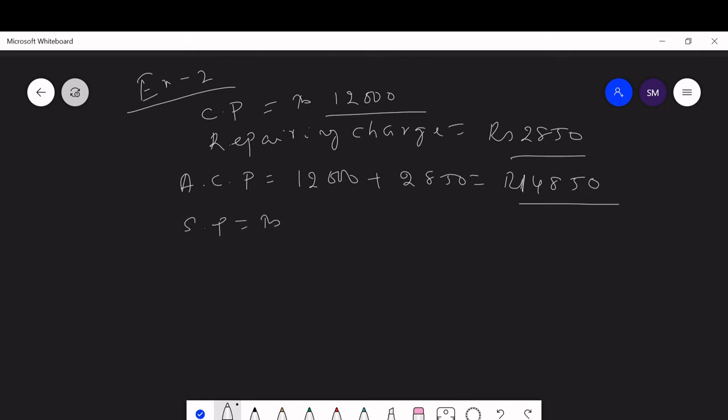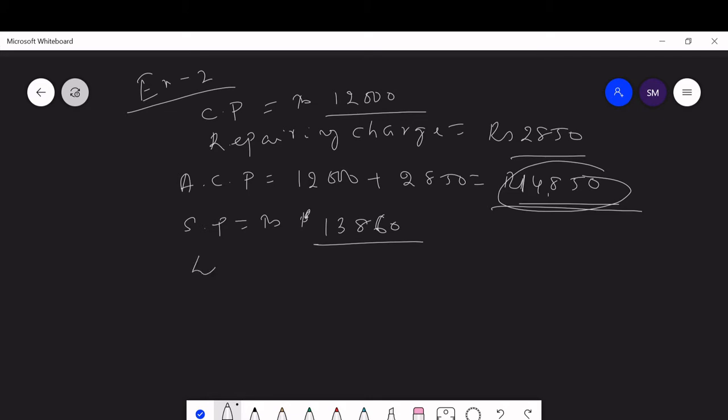Here the selling price of the scooter is given. After repairing, he sold the scooter to his friend at 13,860. Look here. This amount is less than this amount, means here there is loss. The actual cost price is 14,850 and he sold it at 13,860, means in this transaction there is loss.